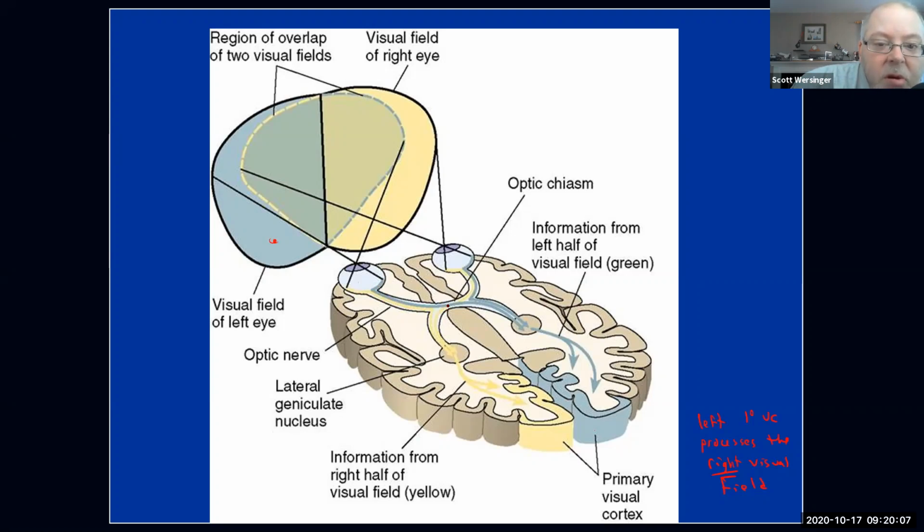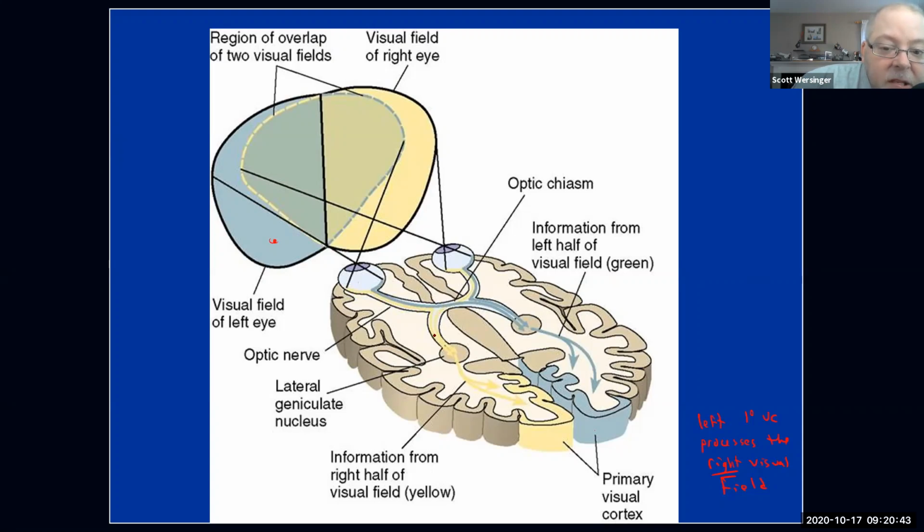If we are talking about the right visual field, which is yellow, we need to end up from the right visual field in the left primary visual cortex. So from the left eye, this information from the right visual field is going to stay in the same hemisphere of the brain. That information goes through the optic nerve, and when we get to the optic chiasm, it stays on this side of the brain.